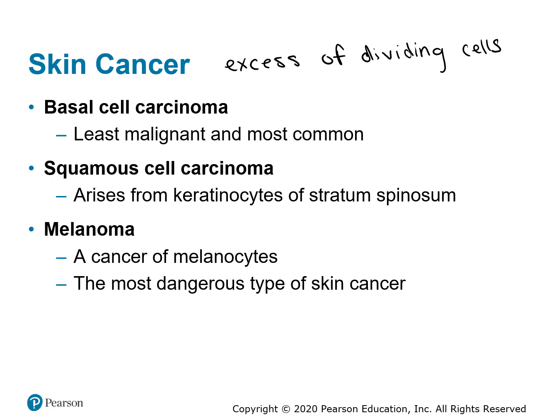So basal cell carcinoma is the least malignant type of skin cancer, but it is the most common, whereas in lighter skinned people, about 30% of them will have some type at some point in their life. Okay? Squamous cell carcinoma is next on our list. It arises from those keratinocytes in the stratum spinosum. So those cells divide too much, do too much mitosis.